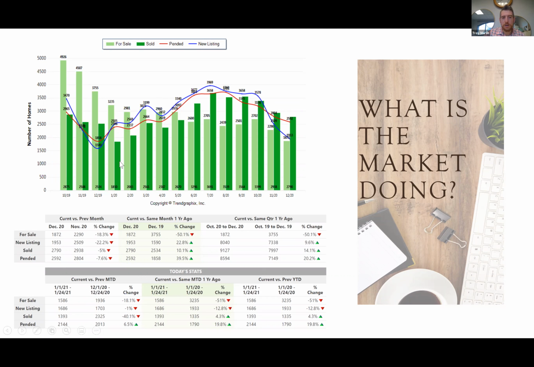But we're not through January yet, so we don't have those final numbers. If we look back at December of last year, we had 3,755 actives and 2,500 solds. This December, we had 1,800 actives and 2,700 sold. So we had basically almost half the number of active listings, but we had more closings.